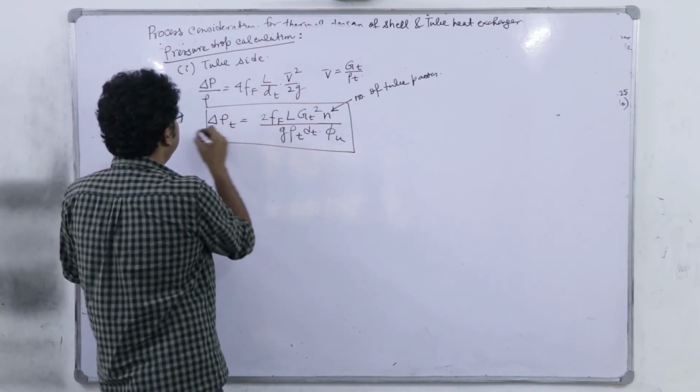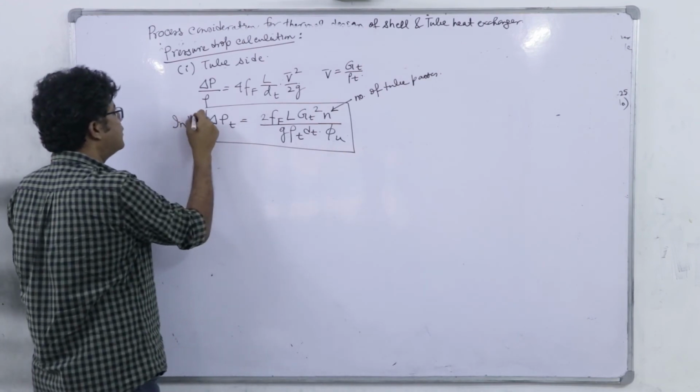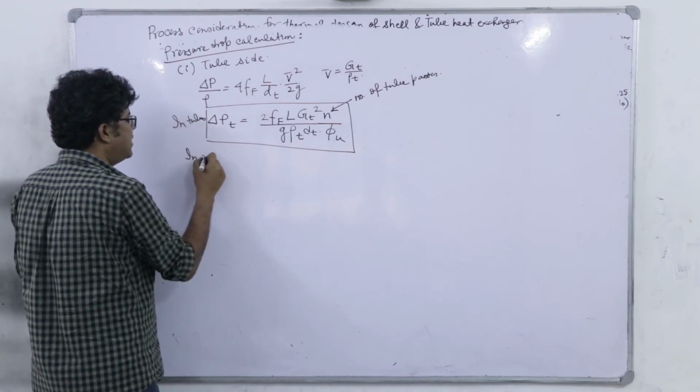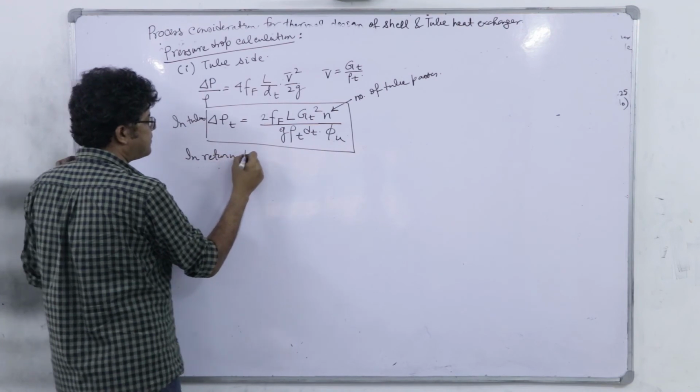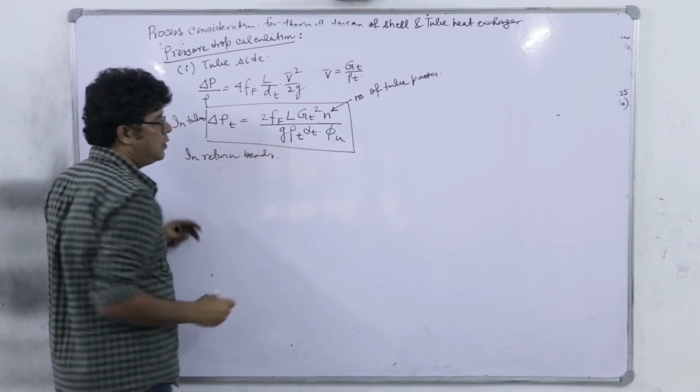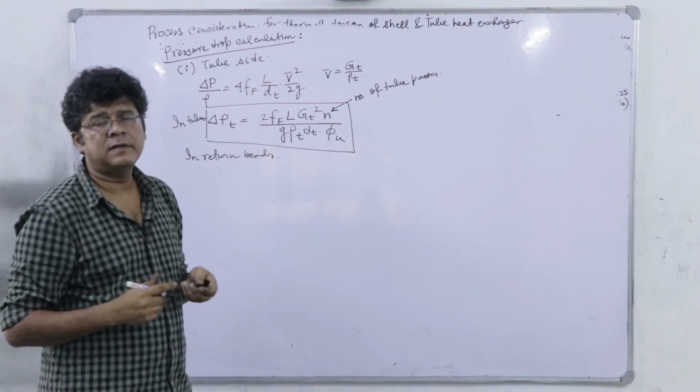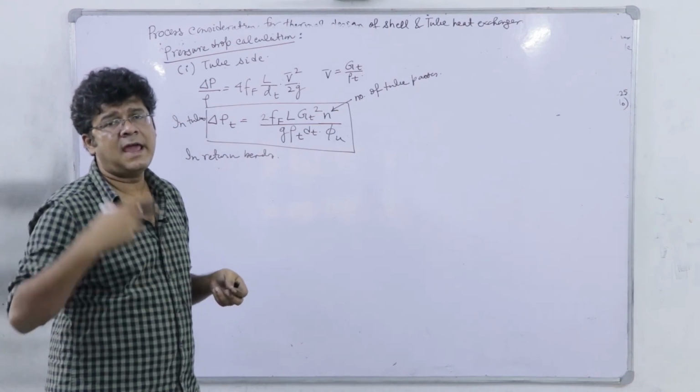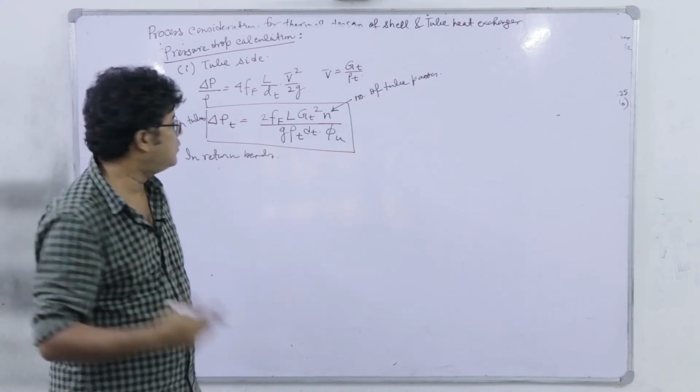Now, this is in tubes, and in returns there will be some minor loss, and that is k into V square divided by 2g into rho.